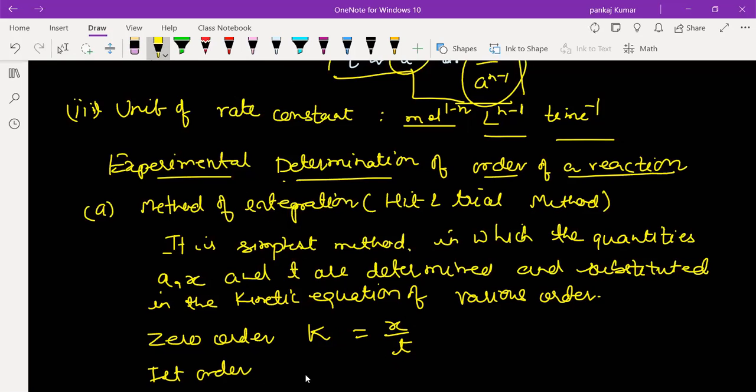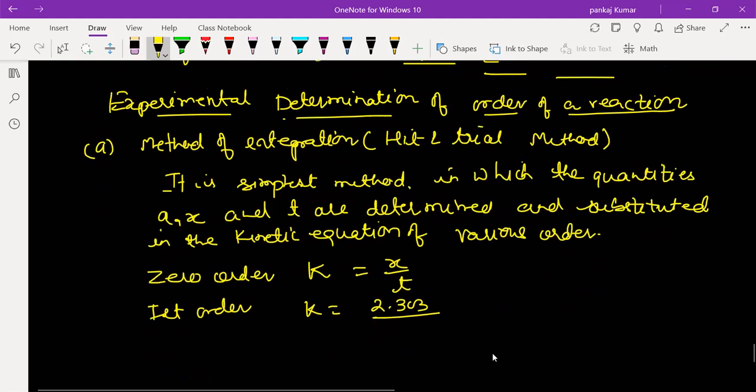For the first order, k will be equal to 2.303 divided by t into log of a by a minus x.